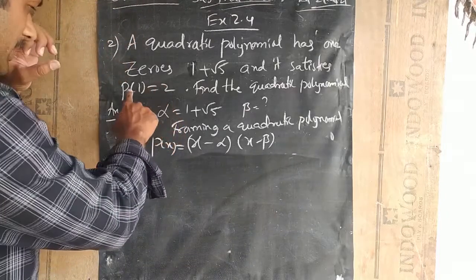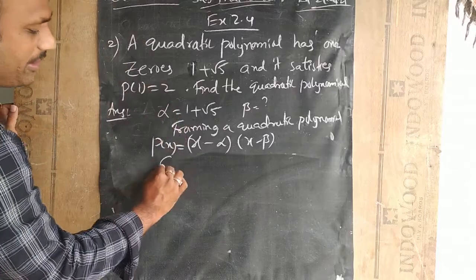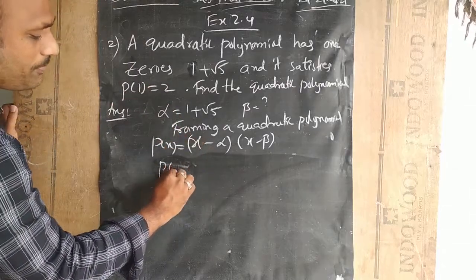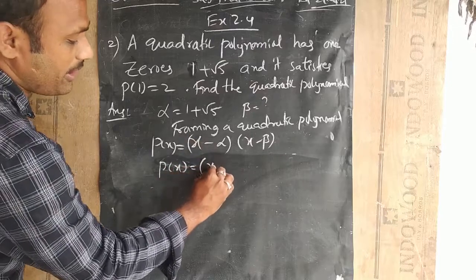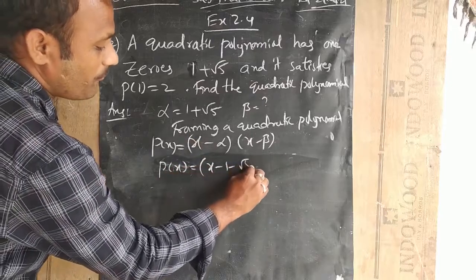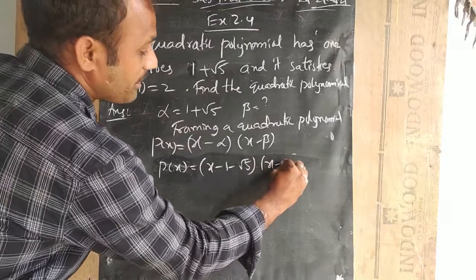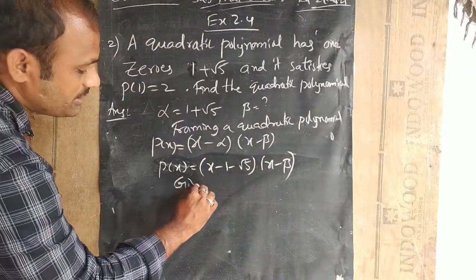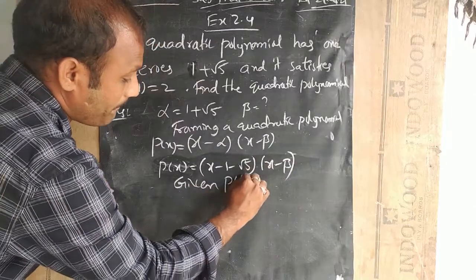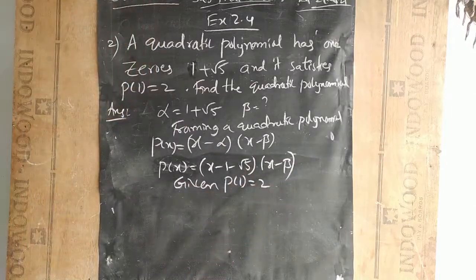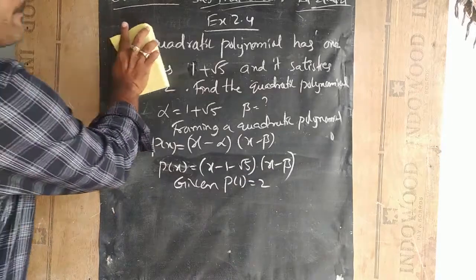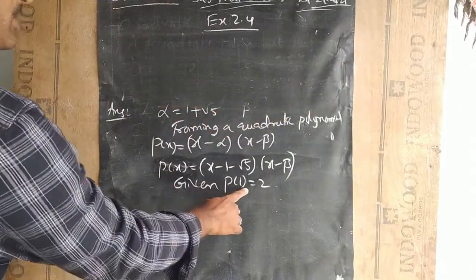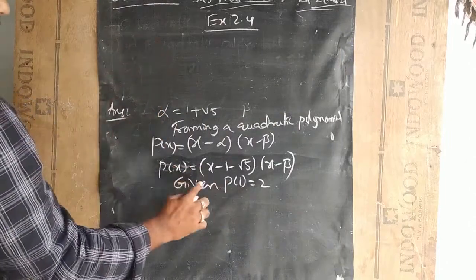Now, in the question, he is saying that p of 1 is 2. Given, first let me substitute alpha value. So p of x is equal to x minus root 5 into x minus beta. He has given p of 1 is equal to 2. So in place of x we will substitute 1.